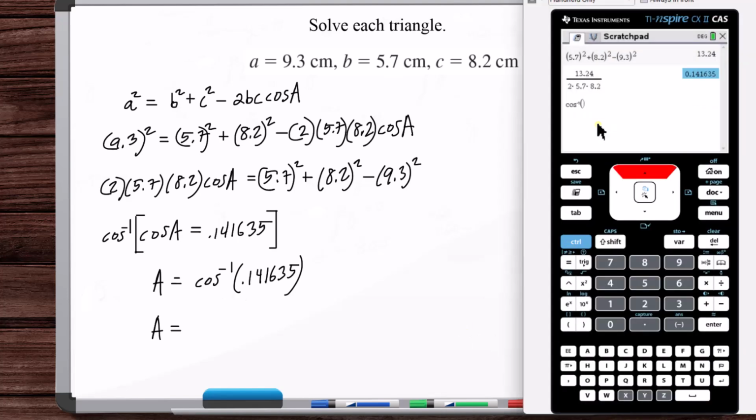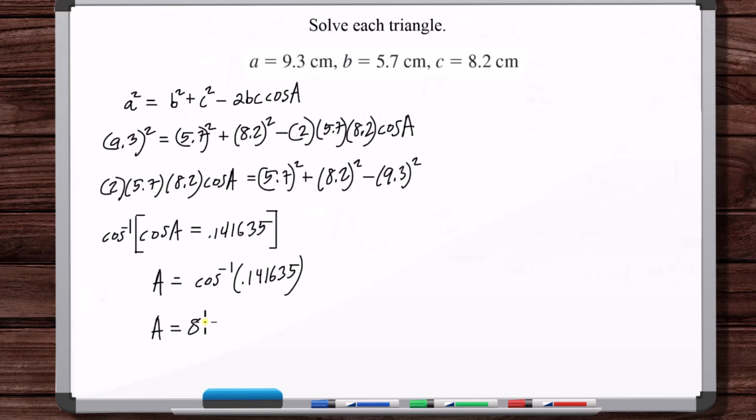So inverse cosine, we got 81.9 degrees. Okay. Now, to get another angle, we use the law of sines again, and we use that same principle as what we did in the previous problems.